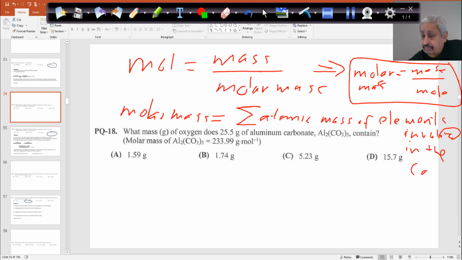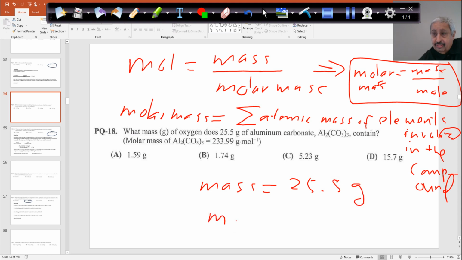So two definitions of molar mass. We can get the molar mass using either the top one or the bottom one. It's given to us the grams of aluminum carbonate. So the mass is given to us, which is 25.5 grams.